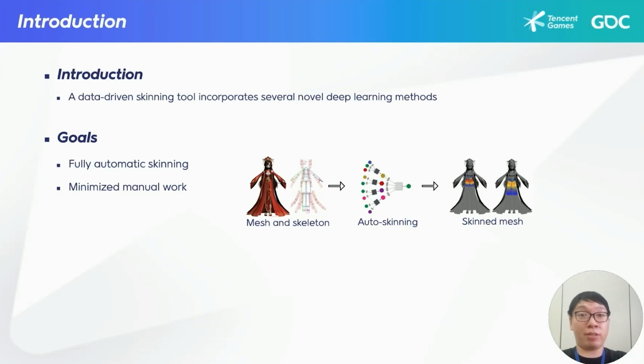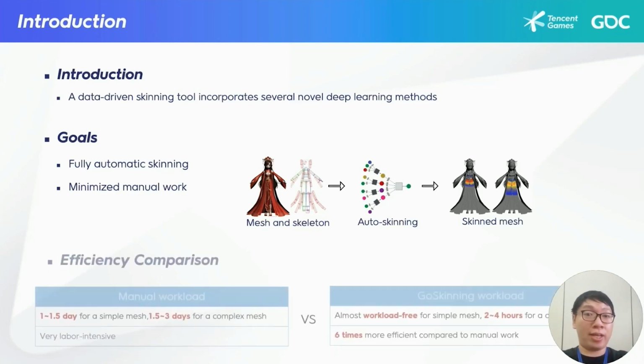GoSkinning is a data-driven skinning tool that incorporates many deep learning methods. This tool aims to fully automate skinning and minimize manual work. As shown in the figure, users only need to provide the mesh and the skeleton, and the tool can automatically calculate the skin weight.